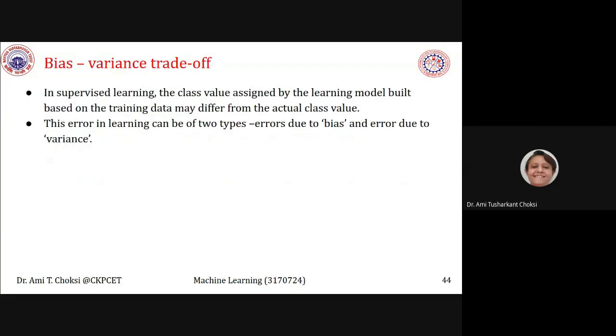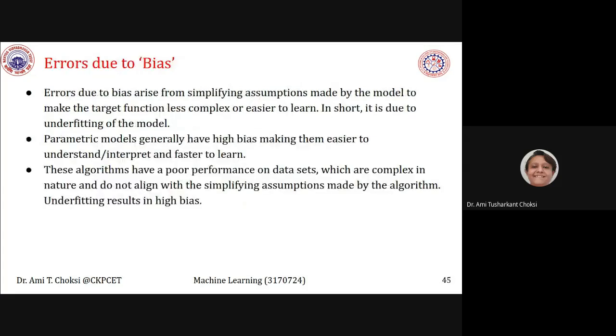Now, the third thing which we would like to see is the bias variance trade-off. In supervised learning, the class value assigned by the learning model, based on the training data, may differ from the actual class value. This error in learning can be of two types: errors due to bias and errors due to variance.